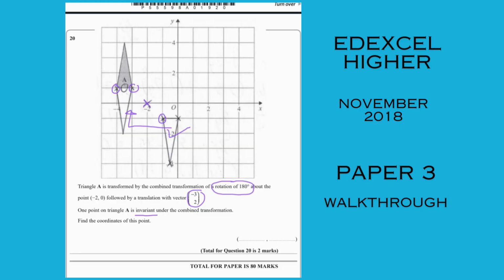The only point on the triangle which hasn't moved is the center of that edge there. And that center has the coordinates -3.5, 1. Now, obviously, the big, harder end questions were earlier than this, but that wasn't as straightforward as it could have been. But there we go.